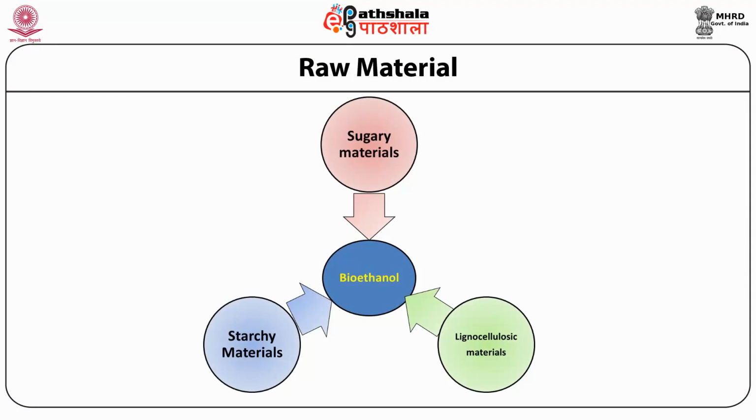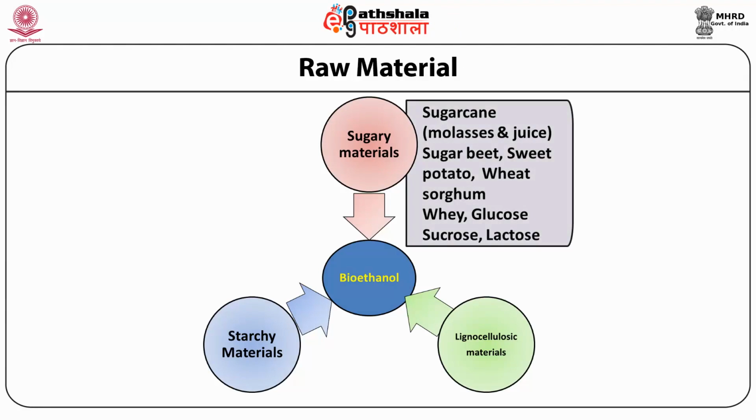As we discussed earlier, there are three main raw materials for bioethanol production: sugary materials, starchy materials and lignocellulosic materials. The sugary materials are sugarcane in the form of sugarcane molasses and sugarcane juice, sugar beets, sweet sorghum, whey, or simple sugars like glucose, sucrose and lactose.